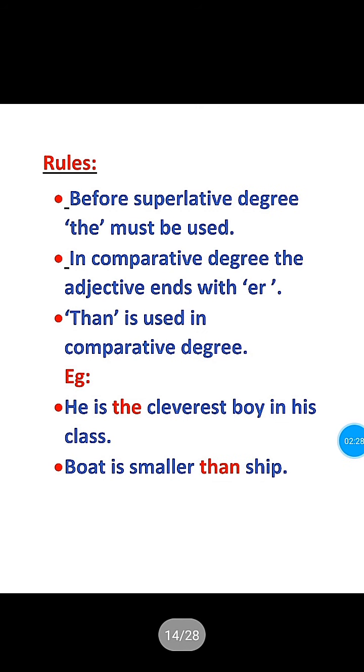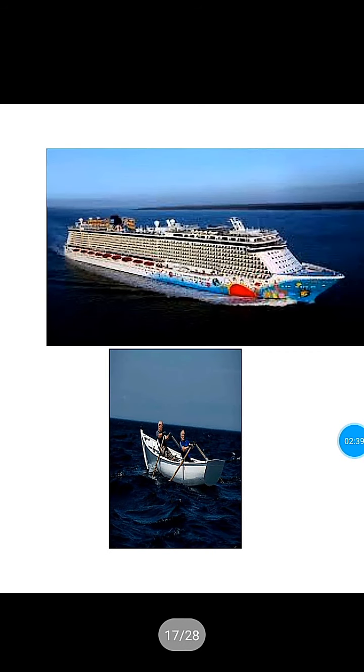In his class, more than 2 pupils are there. Here we are comparing this boy to his whole class. That's why we have to use superlative degree. And in the second sentence, boat is smaller than ship. Only 2 things are there, boat and ship. So that's why we used comparative degree. Ship is bigger than boat or boat is smaller than ship. Like that we have to use comparative degree.